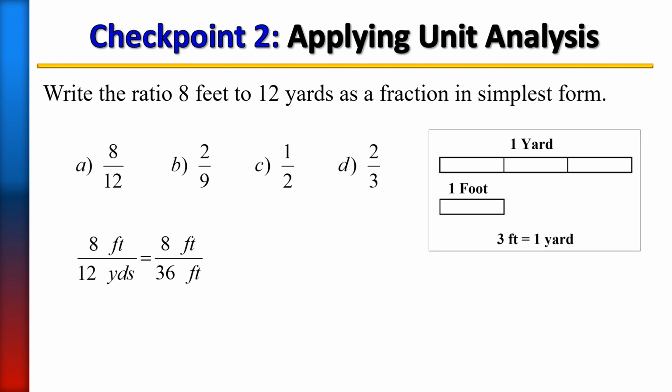And so now that our unit of measure is the same, 8 feet over 36 feet, all we have to do now is cancel out the common factor of 4 from the top and the bottom, and what that's going to leave me with is a simplified fraction of 2/9, which is choice B. So that ratio is 2 over 9, 2 to 9, or 2:9.